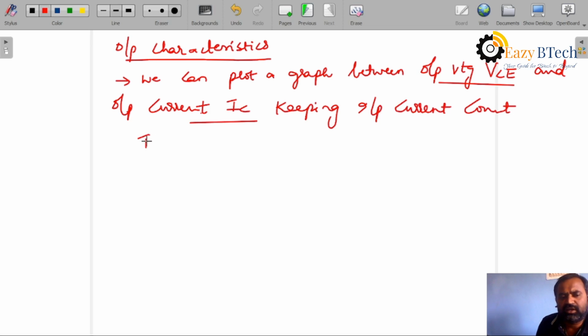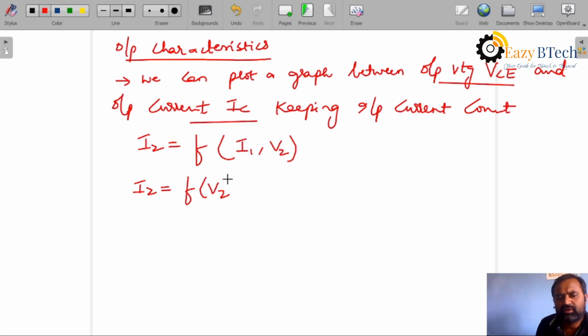That is, I2 is a function of I1 comma V2. Now we will write I2 is a function of V2, keeping I1 constant.